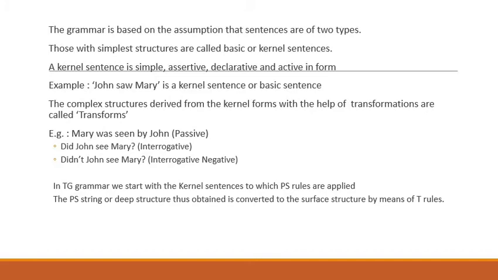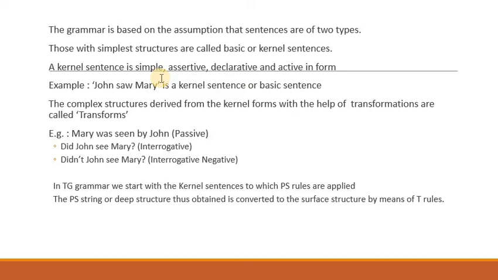Now, transformational generative grammar is based on the assumption that sentences are of two types. Those with simpler structures are called basic or kernel sentences. Now, you know there are three types of sentences: simple, compound, and complex, right?